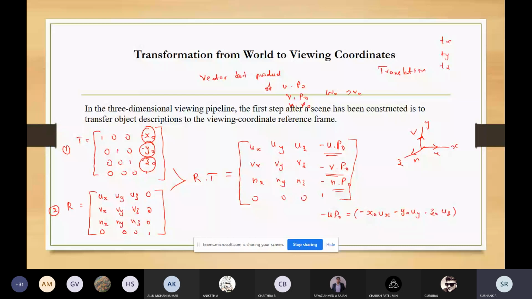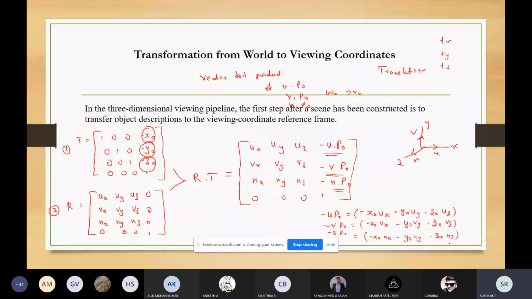Similarly we can write v into p naught, which means minus x naught into vx minus y naught into vy minus z naught into vz. Similarly for n, with nx, ny, nz. So like this.